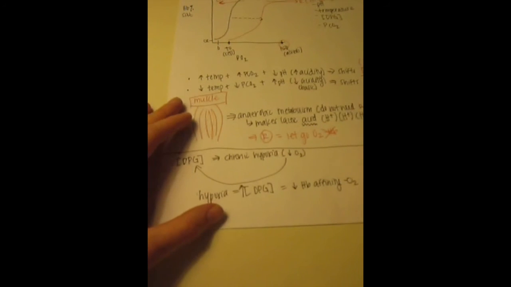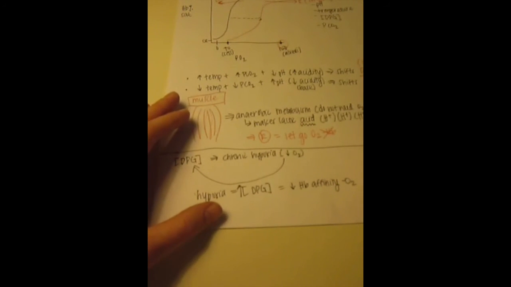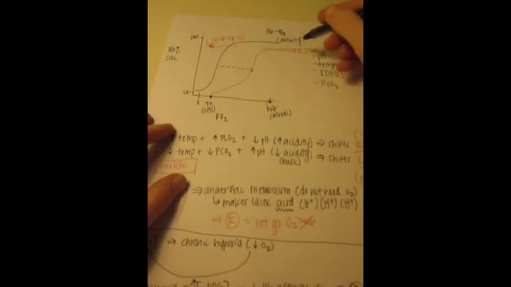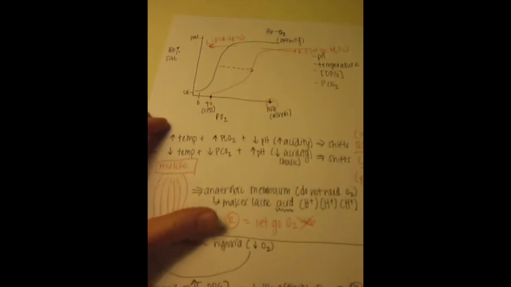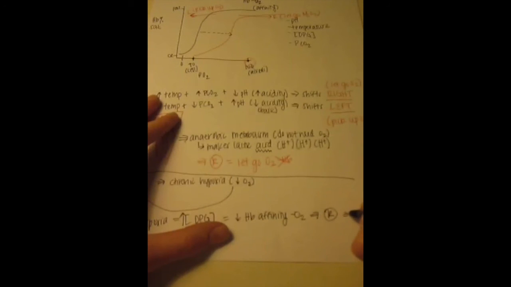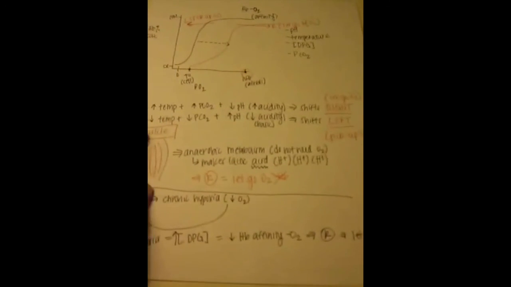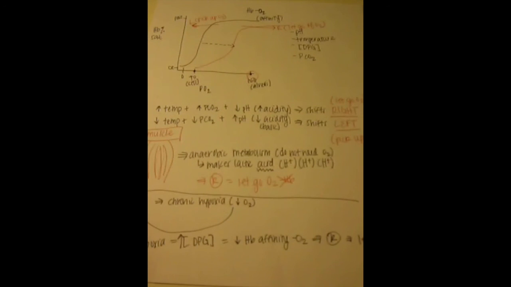So if it's lowering the affinity for oxygen, that means it's going to shift right. So if we go again up here, if we're shifting right, that means that you're going to let go of oxygen. So that will decrease your affinity for oxygen, and it's easier for oxygen to let go of hemoglobin.